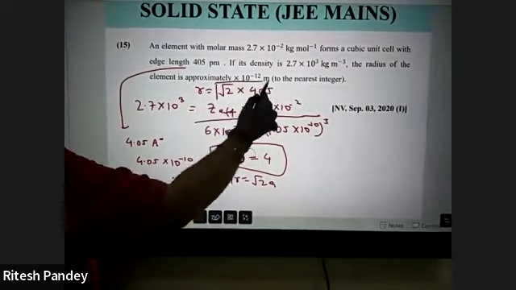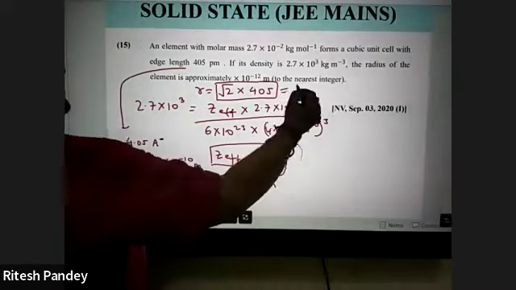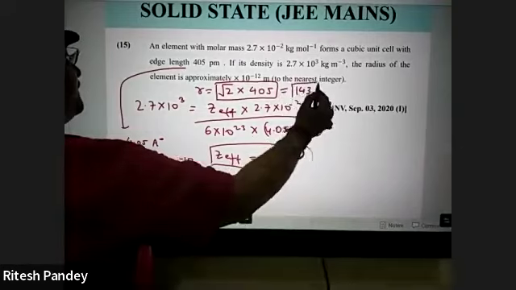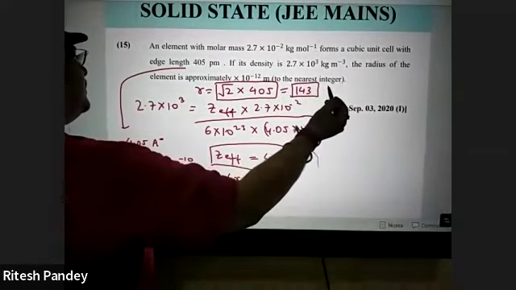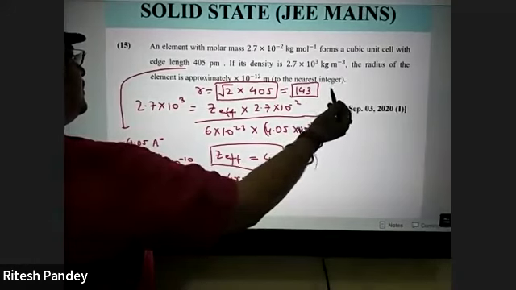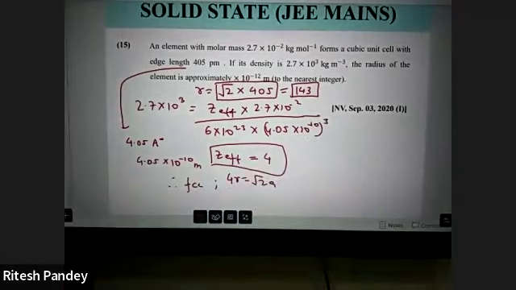Now, I just want root 2 into 405 to be calculated. 1.414 into 405. Again, a bit of calculation. And this will be like 143. 143 is what you said? Yes sir. 143 is what you said?